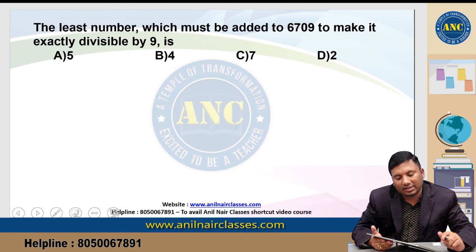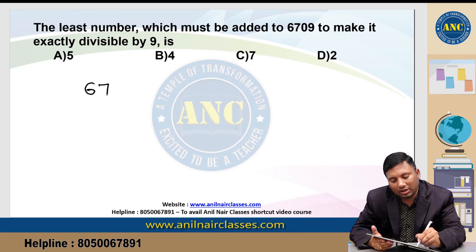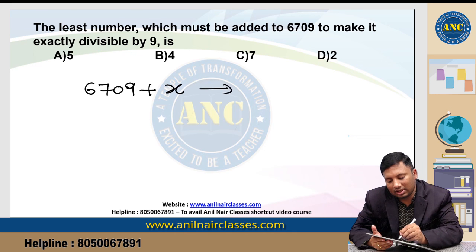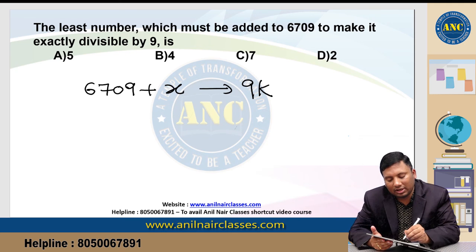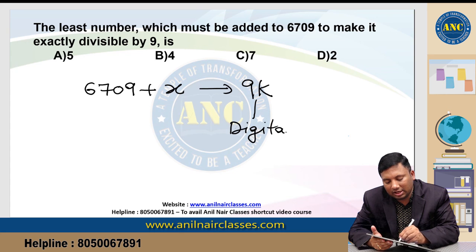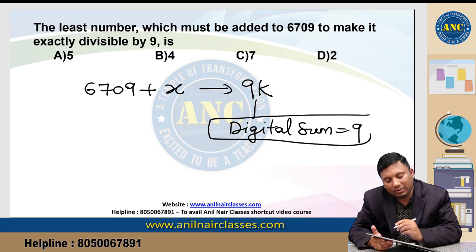I hope the idea is clear. The least natural number which must be added to 6709 plus x, so that the answer is divisible by 9. 6709 plus something should be divisible by 9. Any number multiplied by 9, the digital sum will be 9.